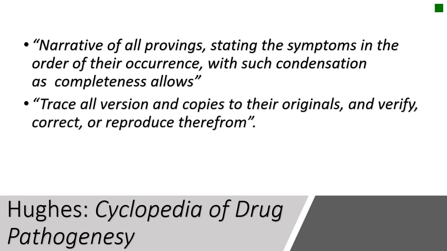And the second point of importance is that it traces all versions and copies of the originals and verifies them for their correctness, and only then they are reproduced in this book. So this is one reference you must always keep handy in cases where you feel that the remedy is not progressing to the point of cure, or you wish to see why it is failing to do so.